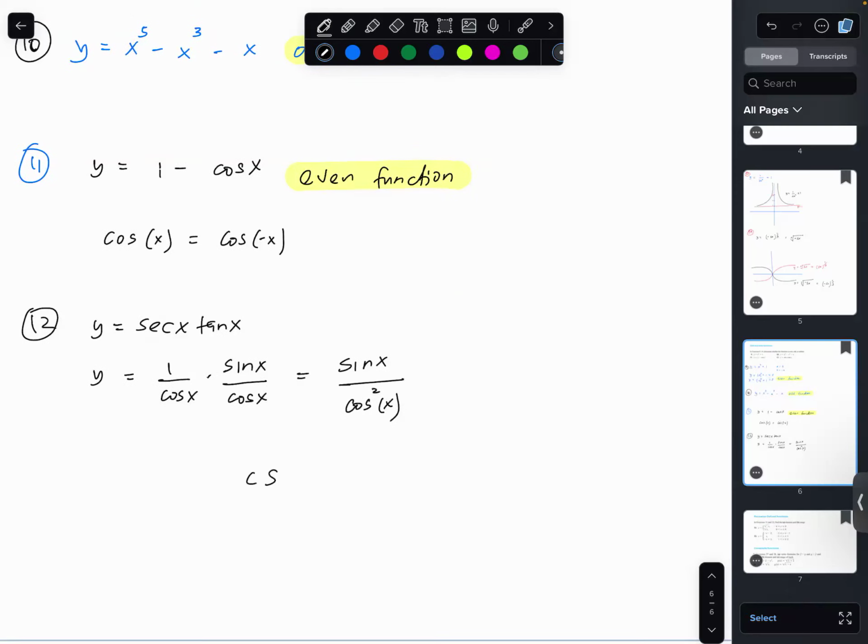For the denominator, we know that cos squared of x is equal to cos squared of minus x. And we know that minus sine x is equal to sine of minus x.